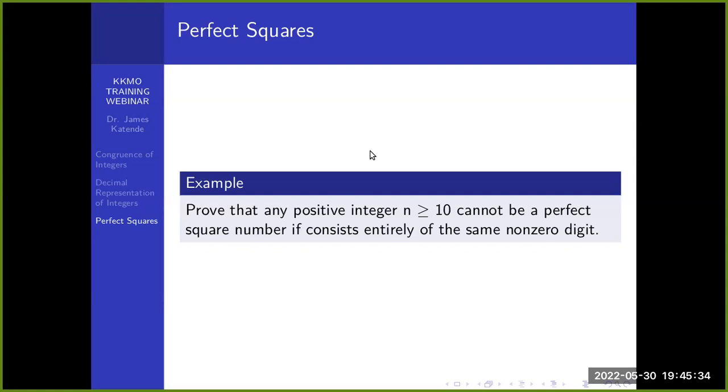So numbers like 22. It doesn't matter how far it goes as long as it's bigger than 10 and consists entirely of the same digit. Our claim is that this number cannot be a perfect square.